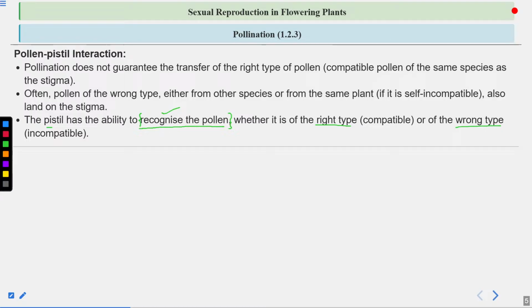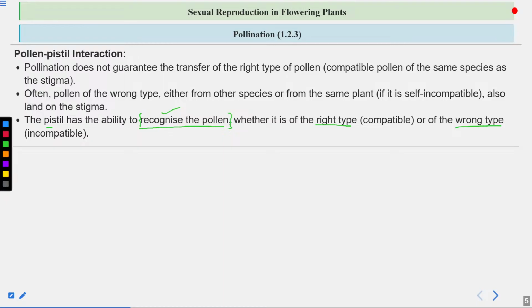Compatibility protein, yes. There are some chemicals and some proteins that are secreted by the pistil, that is, the stigma part. The pistil has a part, the stigma, on which the pollen grain comes and rests, right? So these proteins and chemicals secreted by the stigma help to recognize the right type of pollen.